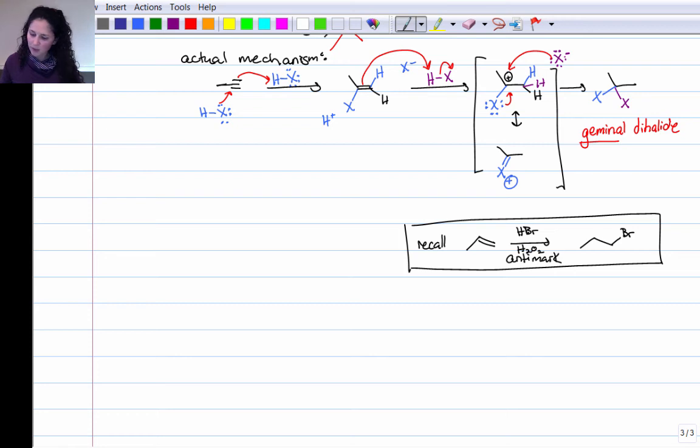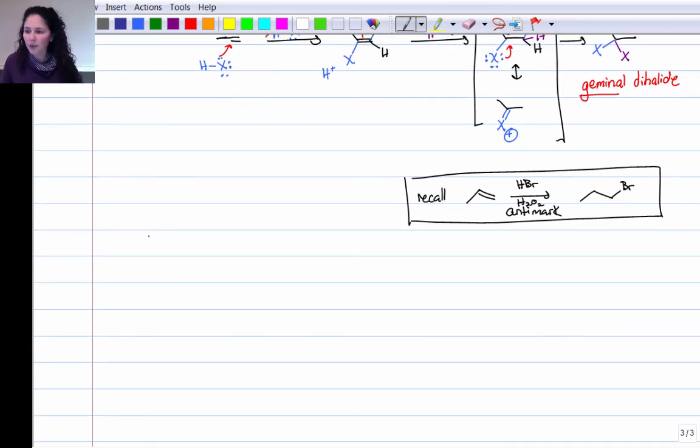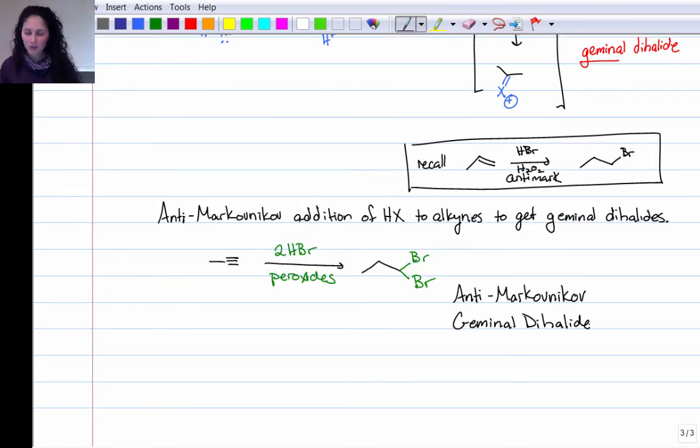So now we're going to talk about an anti-Markovnikov way to add HX to alkynes. You can also stop this reaction halfway to just get the one addition of HBr if you'd like, but you just have to add one equivalent of HBr. And this reaction, just like the alkene reaction, only works with HBr.